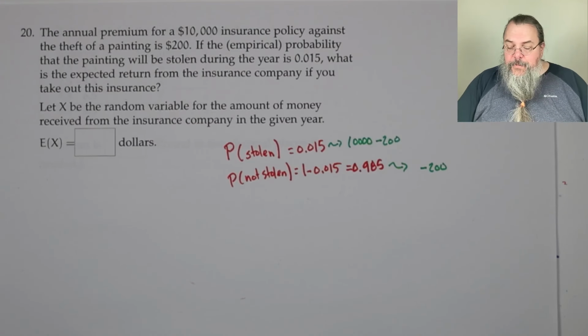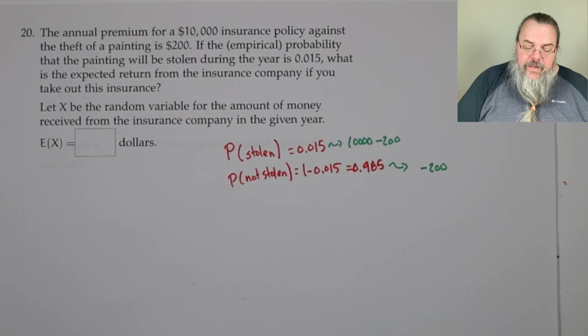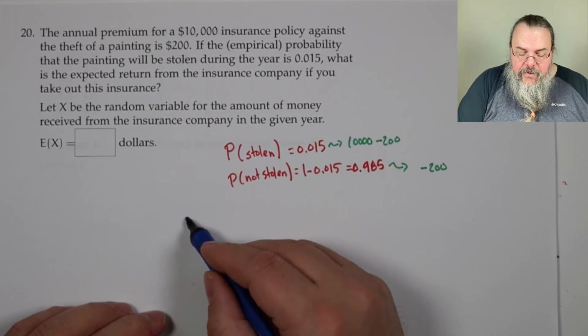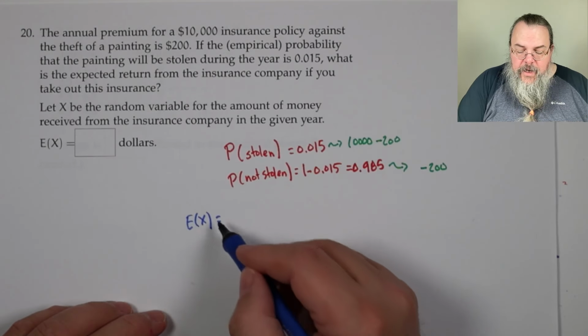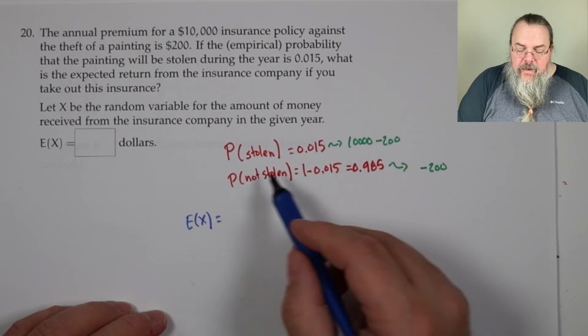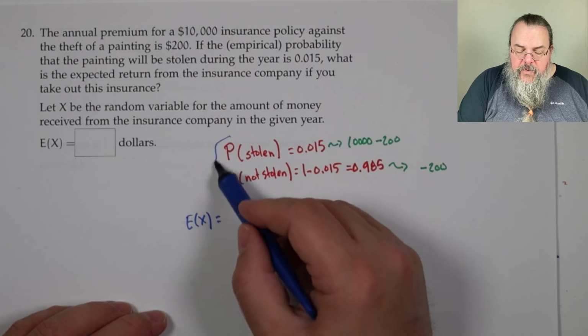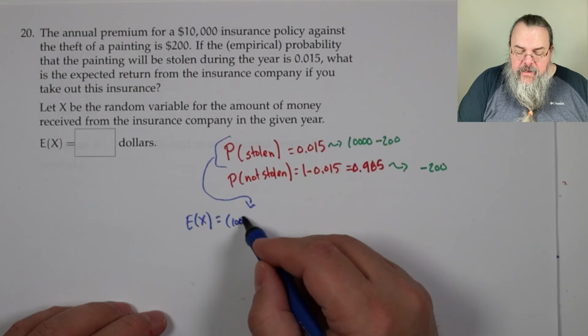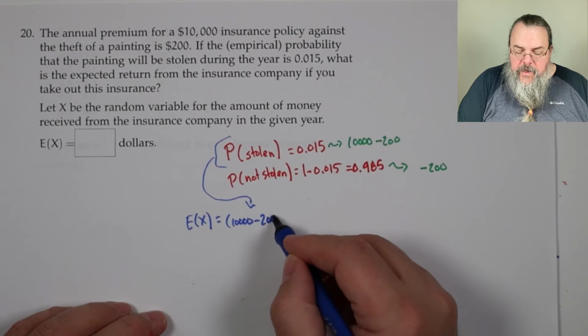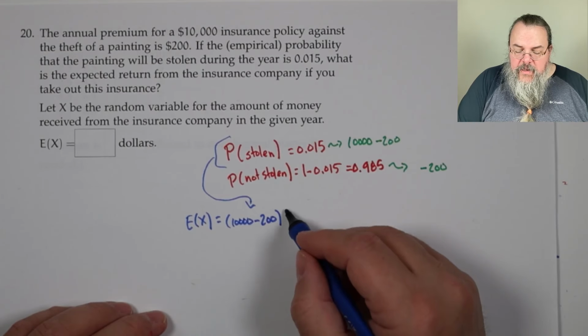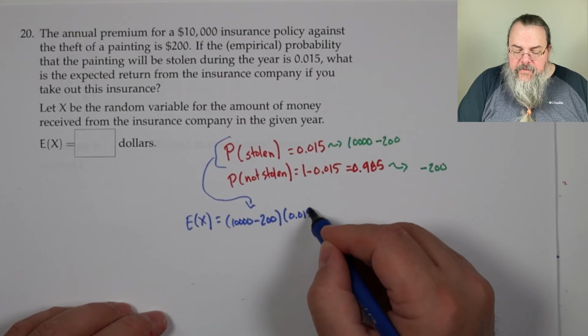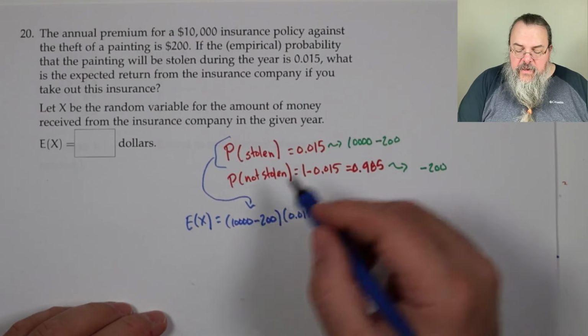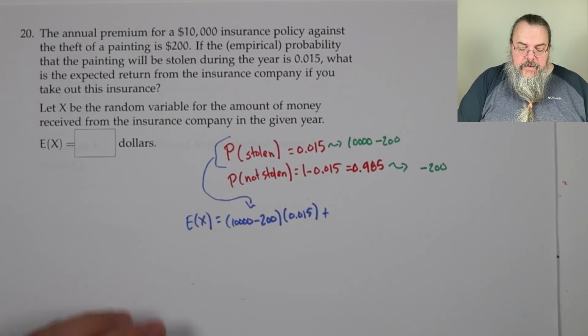So we can now put this together. We say, okay, so we have the expected value is what? Well, it's this. What happens if you're going to have something stolen? Well, you have that 10,000 minus the 200. Don't forget the insurance premium times the 0.015 plus, and then you have the other part.